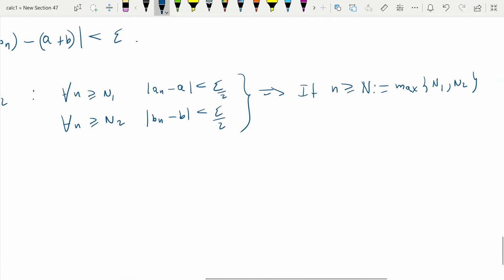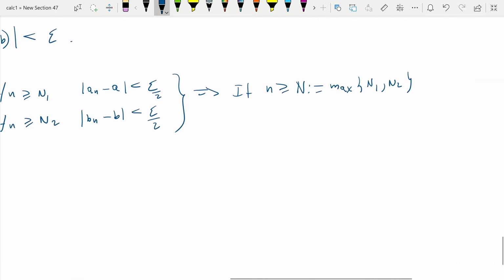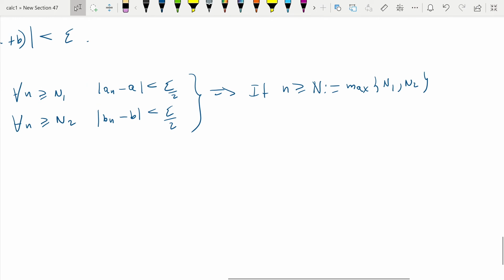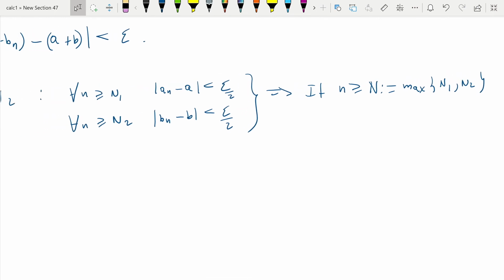But of course, if n is greater than or equal to the maximum between these two numbers, then both of these things are going to be true: a_n is within an epsilon over 2 neighborhood of a, and b_n is within an epsilon over 2 neighborhood of b, meaning the distance with respect to the respective limits is less than epsilon over 2.